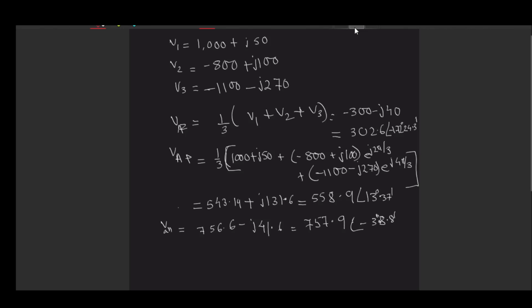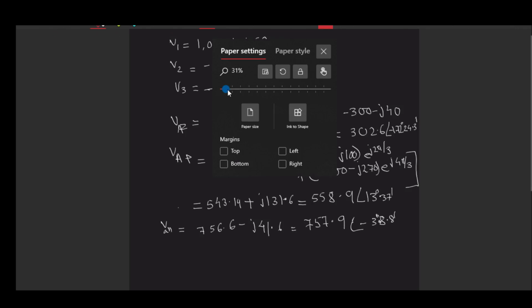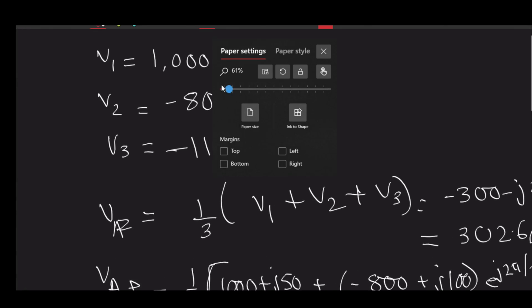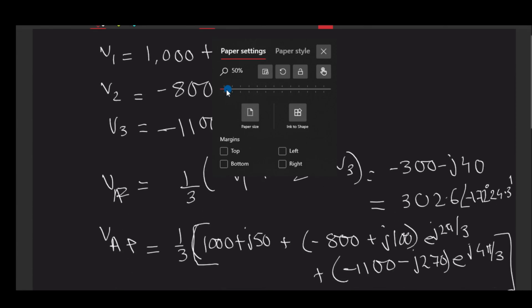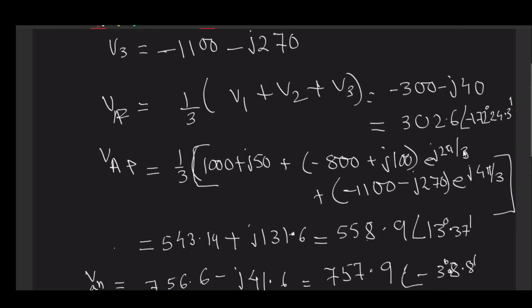Another thing you must notice is that all these have some angle. This VAP has some angle, 32 degrees 37 minutes. That means it is leading your FS.